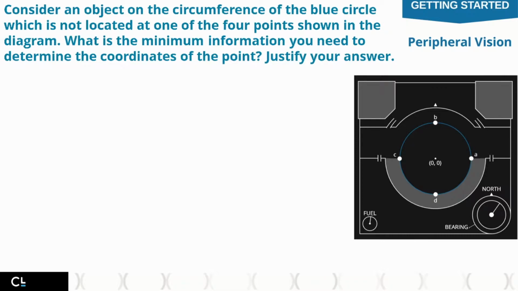What is the minimum information you need to determine the coordinates of the point? Justify your answer. Well, if we think about it, anywhere on this circle, let's say we choose this point right here, and I want to know how I get to that point. No matter what, if we go in a straight line to it, it's always going to be our radius, right?